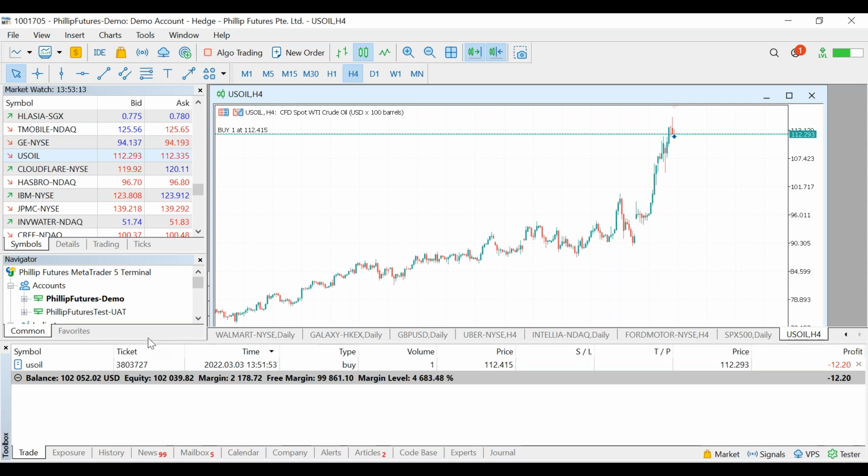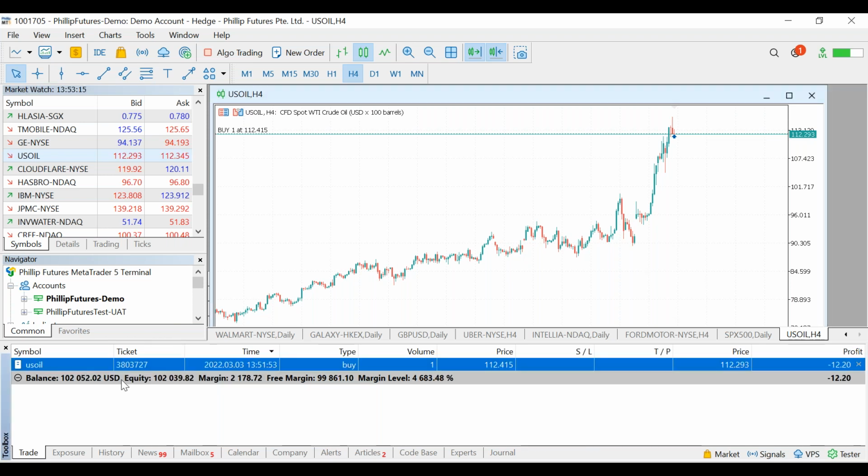From here you can see your trade, your ticket, your buy type, your time, the volume, the price, and also currently the profit or loss.